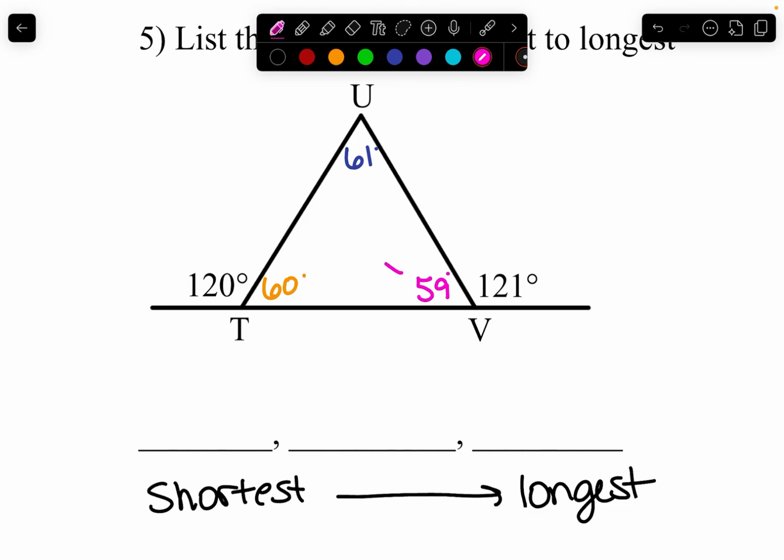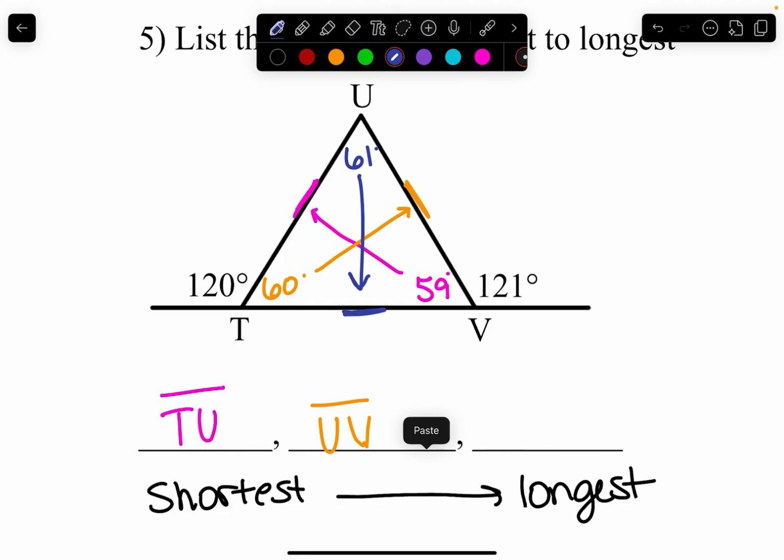So for us, that's going to be this side over here, and that is side TU. Then I'm going to move over to the middle angle. This side over here will be my middle side, which is UV. And then my longest side is going to be across from my largest angle, which is this side right here, which is my favorite. It is TV.